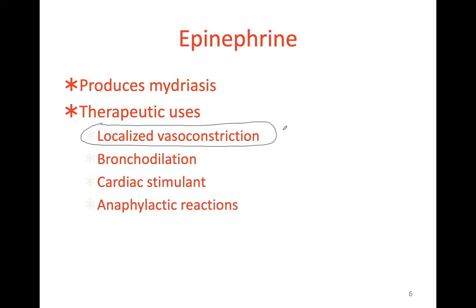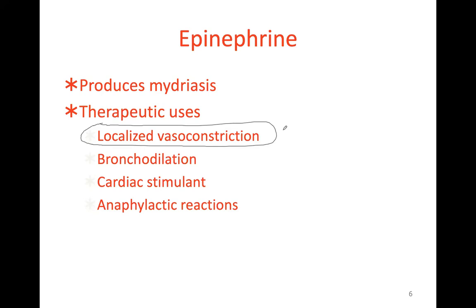I've seen it used as a bronchodilator, not frequently, but one time that you may see it used is when somebody is having an anaphylactic reaction. Remember we talked about the pharmacological antagonism and the physiological antagonism.